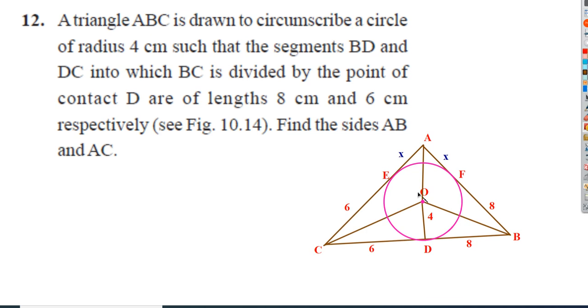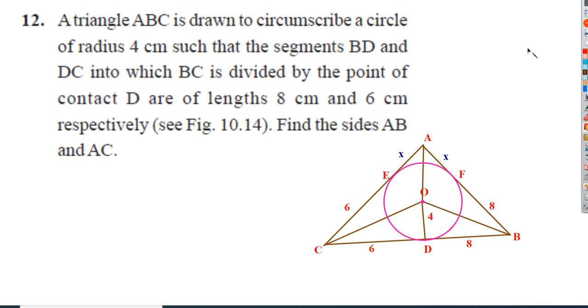Now join the vertices from center O. You will get three triangles. Now look at triangle OBC. You can find the area by half into base into height, that is half into BC into OD, half into 14 into 4.